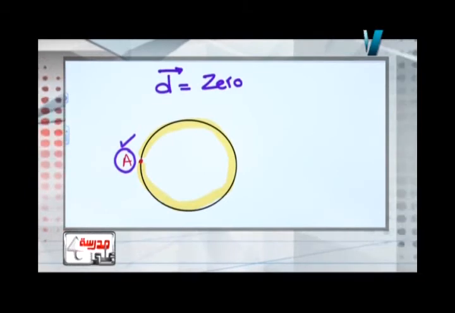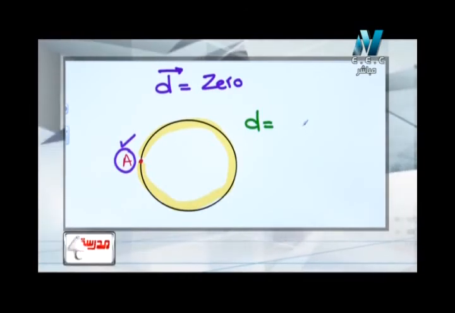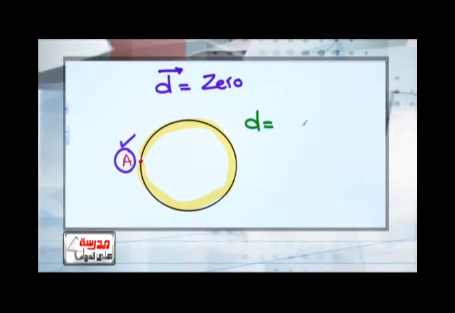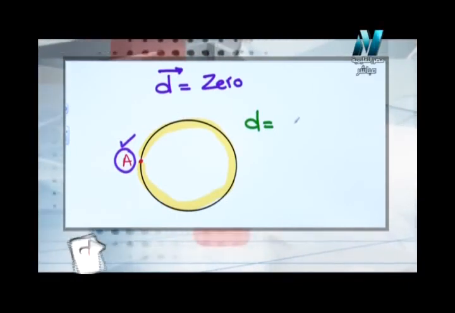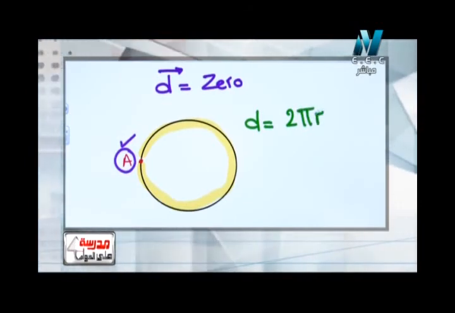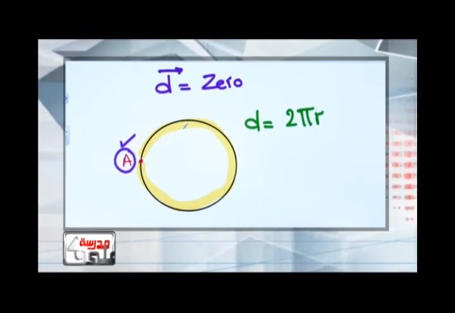Yes, very good question. As you studied in math, the distance in the whole circle is equal to the circumference, which is 2 pi r. And what's the value of pi, Mr. Muhammad? 22/7 or 3.14. Good.